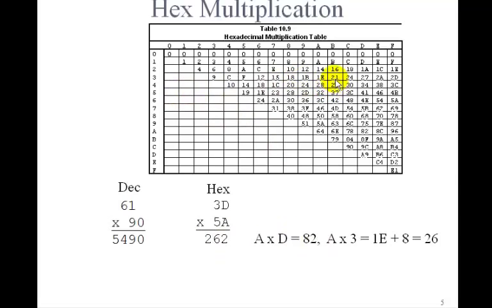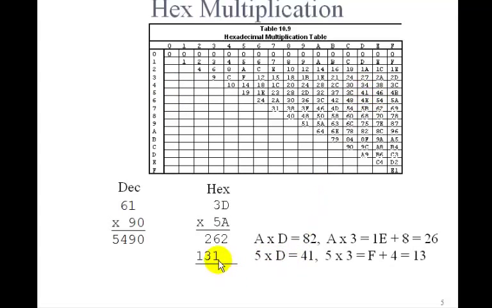Then A times 3 is 1E from here. There's 1E plus the 8 that you carried. 1E plus 8 is 26. We put 26. So this is the partial product of A times 3D. And then you do 5D, shift it over 1 digit. So 5 times D, you look up here, 5 times D. And you see 5 times D is 41.